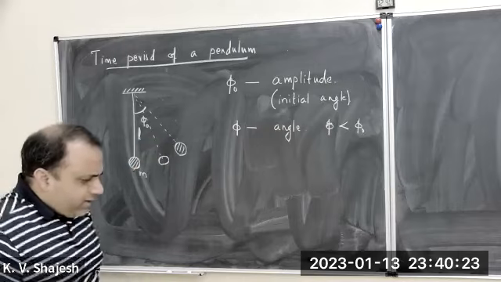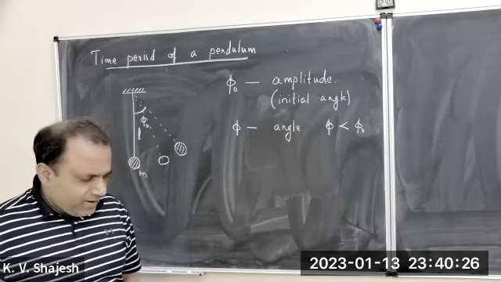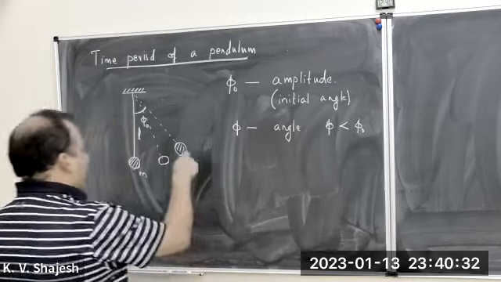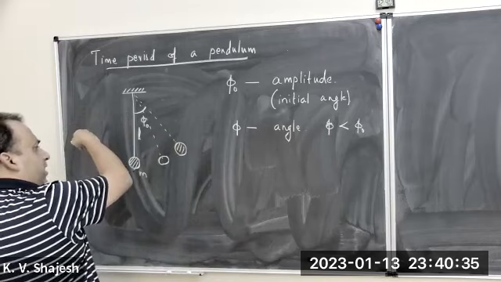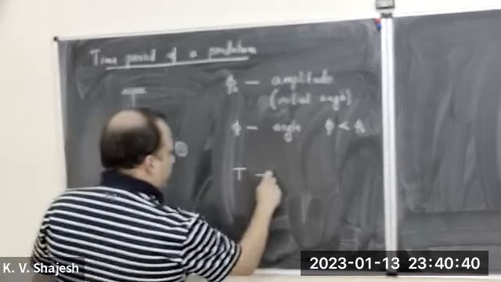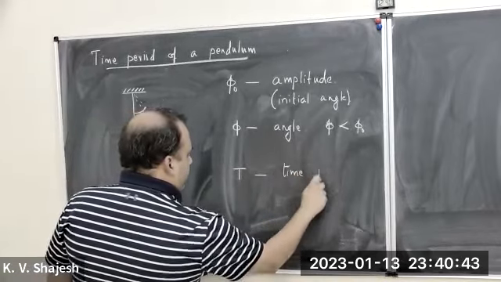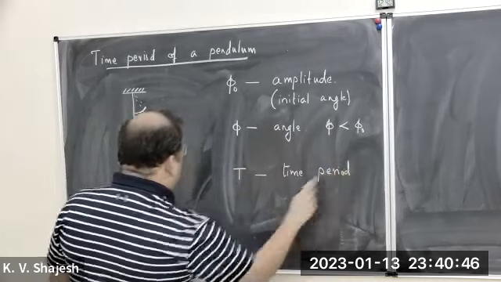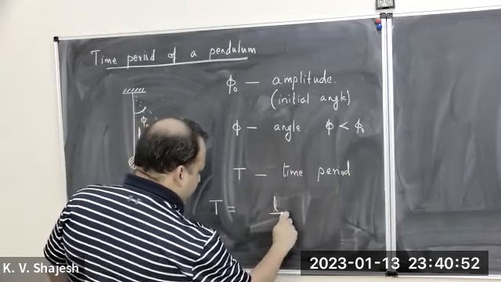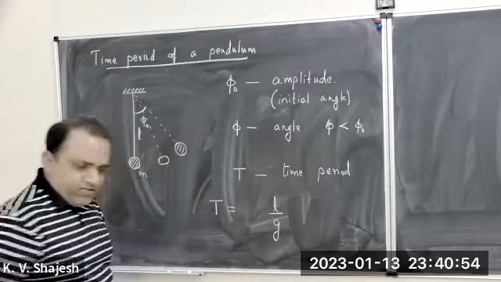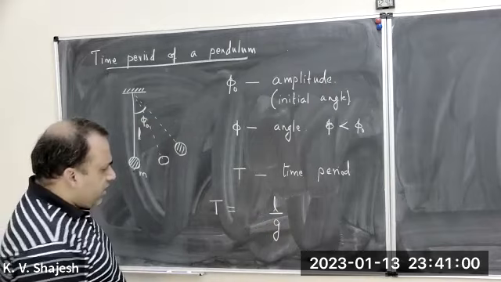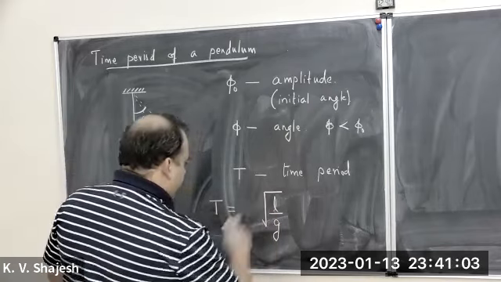Now it was realized, apparently, though I did not exactly know the history of this, that the time it takes to go all the way to the left and come back is called the time period, T. The time period T is related to the length L and a constant g, which turns out to be the acceleration due to gravity, and the square root of that ratio comes in.